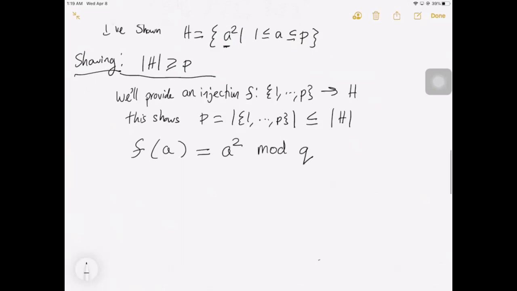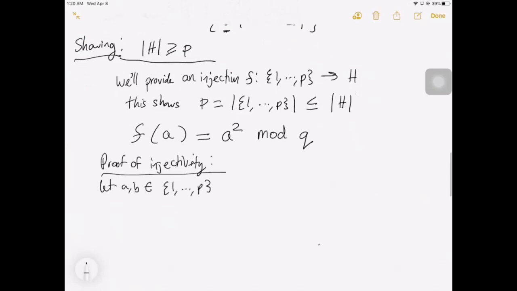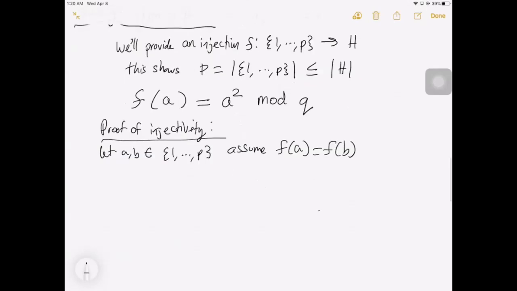Cool. So, proof of injectivity. Let A and B be arbitrary elements of 1 to P, and assume that f of A is equal to f of B. So what does this mean? This means that A squared is equal to B squared.